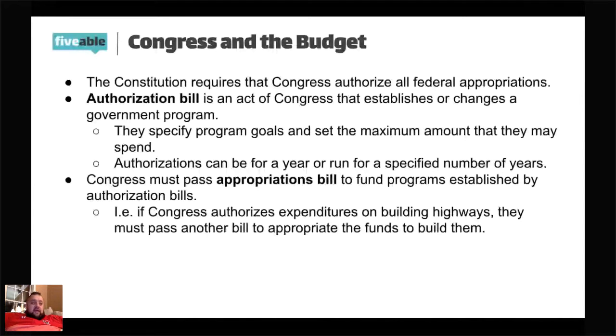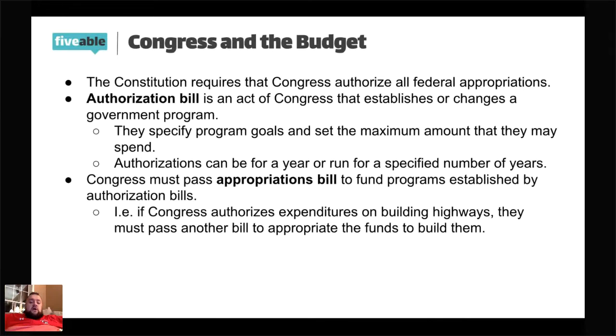In order for him to spend that money, Congress has to approve it, and thus far, Congress has not approved that money to build the wall. So that's an example of how the Constitution comes into play here. The president can want something, but if Congress doesn't want to pay for it, they don't have to pay for it.